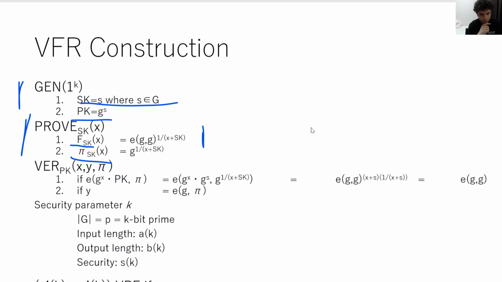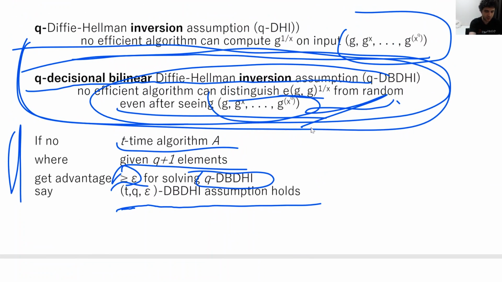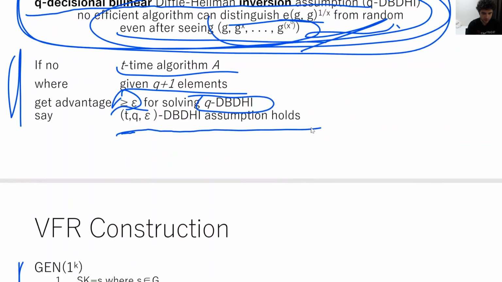So why do we pick this, you might be wondering. It seems really strange. Remember that F(x) is based on this DBDHI assumption.